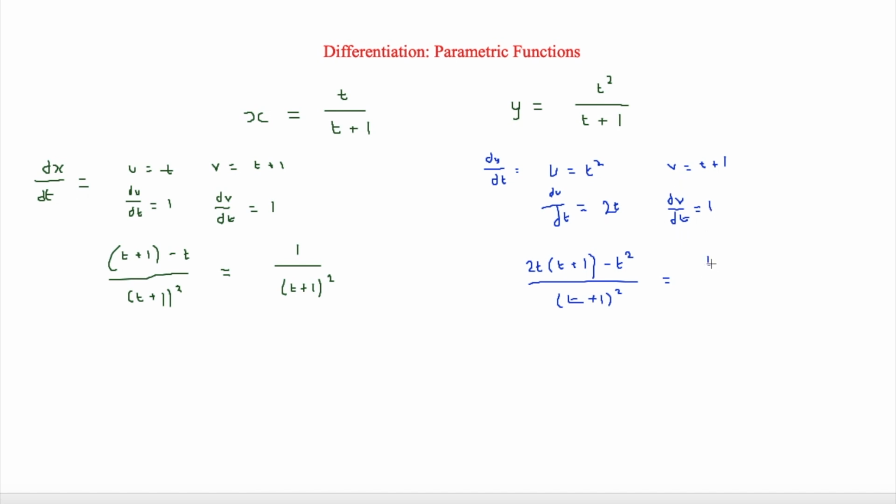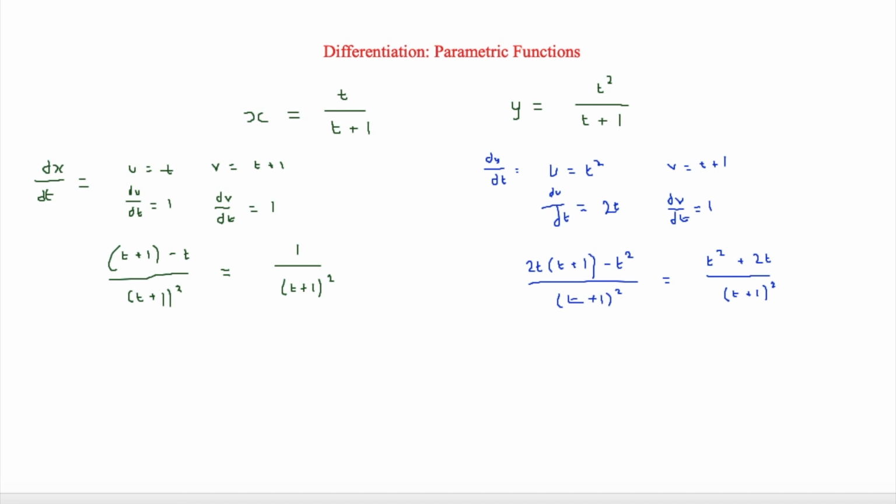That's going to be t squared there, and then plus 2t, all over t plus 1 squared. So now we have done both of these. We've got what dx over dt is, and we've got what dy over dt is as well.